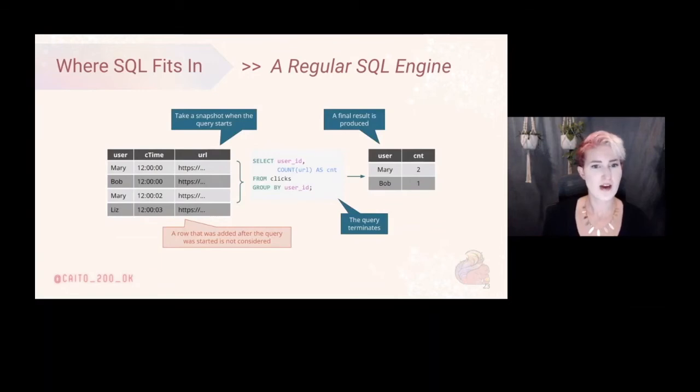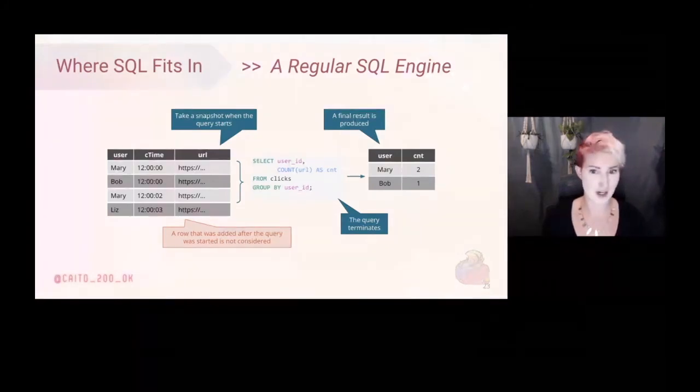So with all that though, what is actually different about running SQL on top of a stream? So here's an example of a regular SQL engine, a regular database, where you're executing your query at a certain point in time. And the engine takes a snapshot of the table at the time the query was run, and then computes the result based on that static snapshot.